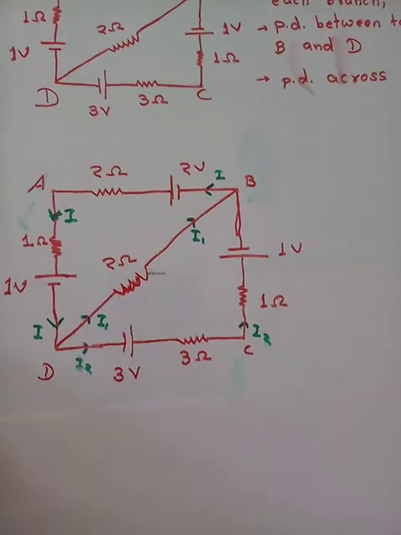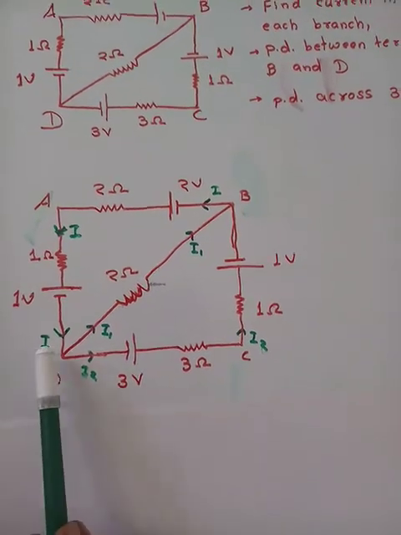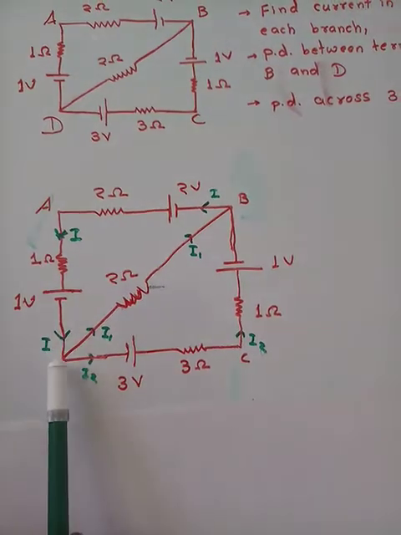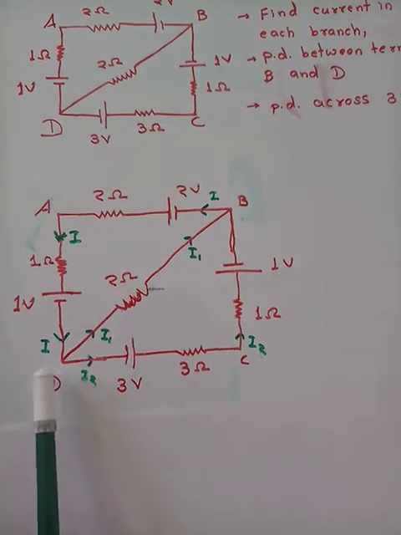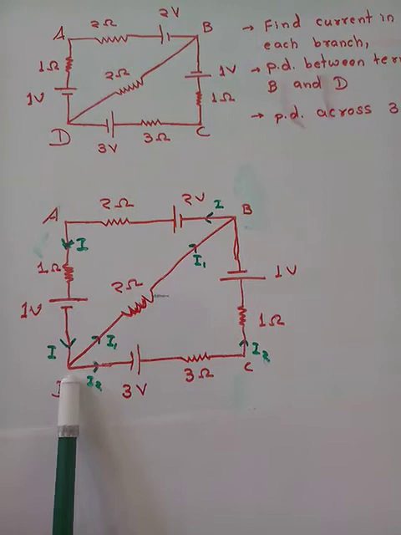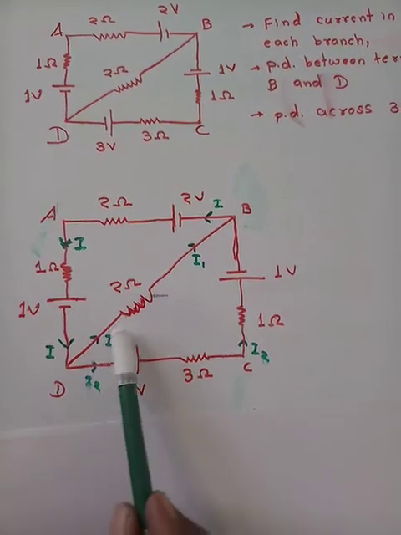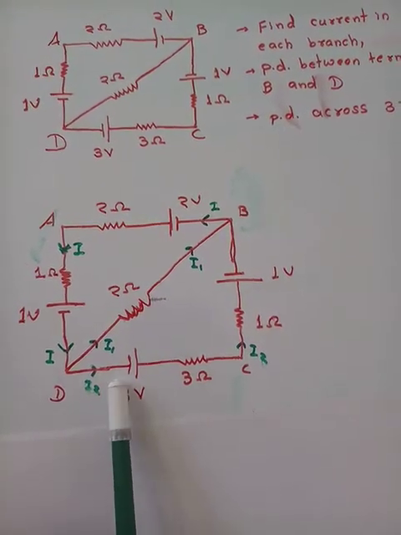Say suppose I have started from this point, current I is coming from this battery, and at this junction the current gets divided into two parts. I1 flows this way, I2 flows this way.